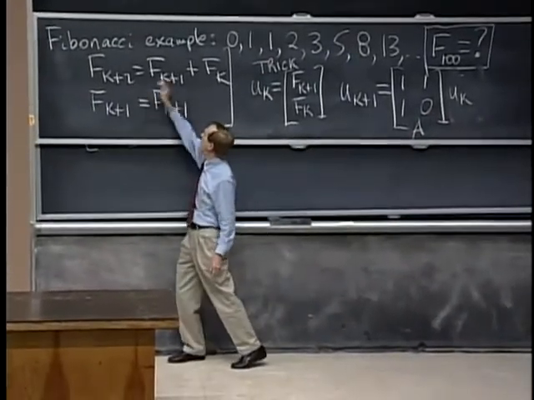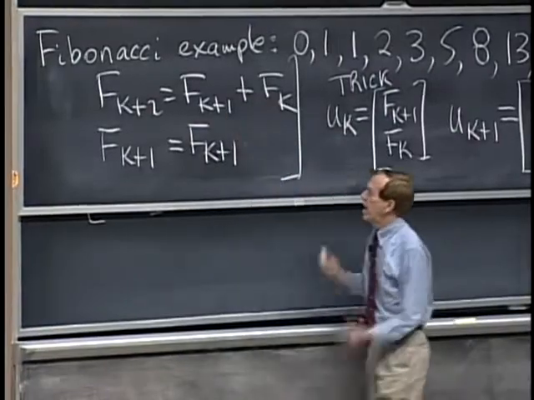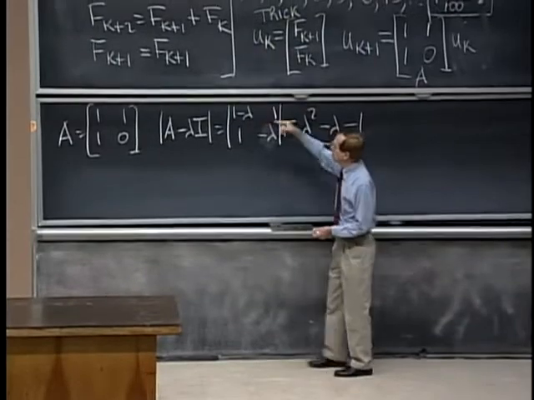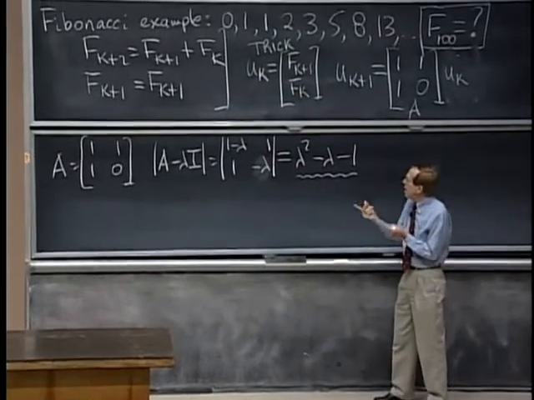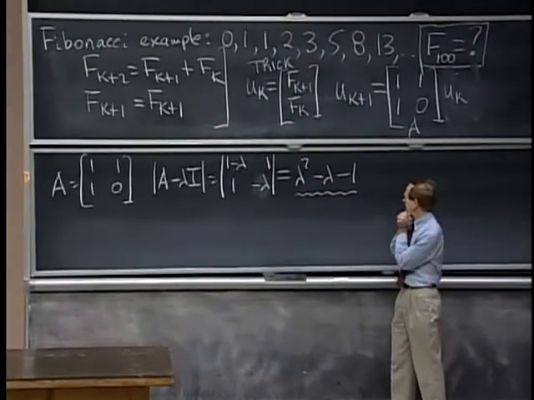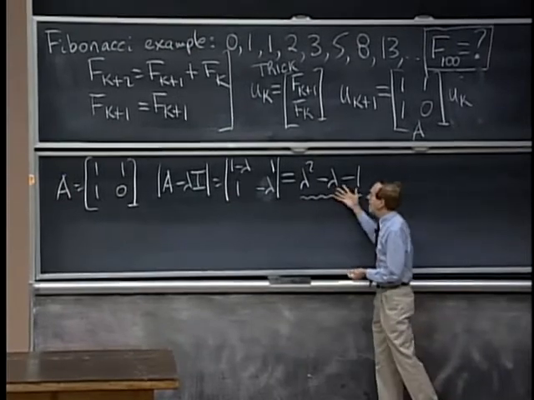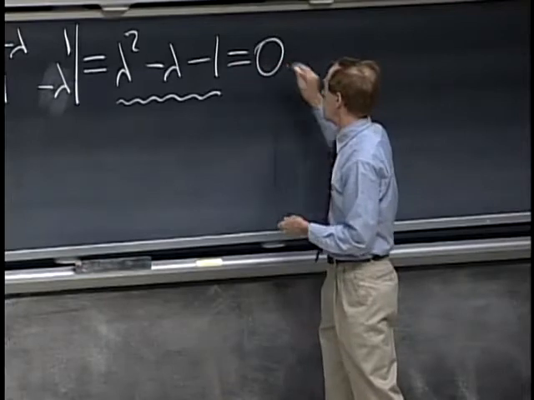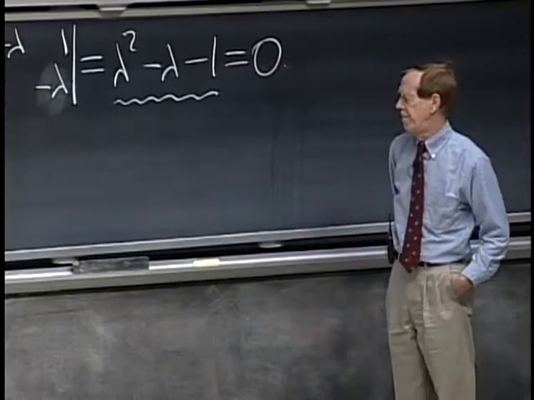Fk plus 2 minus Fk plus 1 minus Fk is 0. The recursion that the Fibonacci numbers satisfied is somehow showing up directly here for the eigenvalues when we set that to 0. Okay, let's solve.